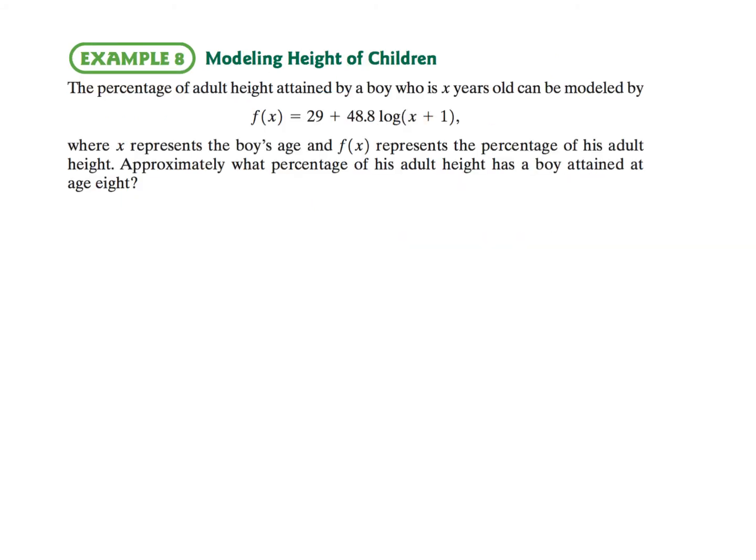Alright, so here is just a very simple model. This model right here is the percentage of the adult height attained by a boy who is x number of years old. So for example, if a child is a newborn, or say 0, we get f of 0 is equal to 29 plus 48.8 log 1.